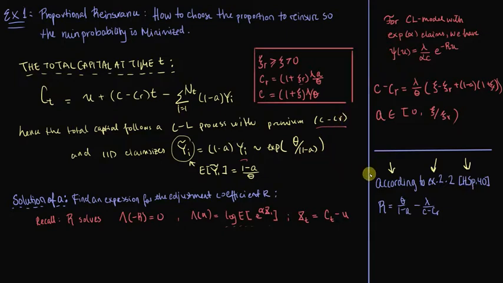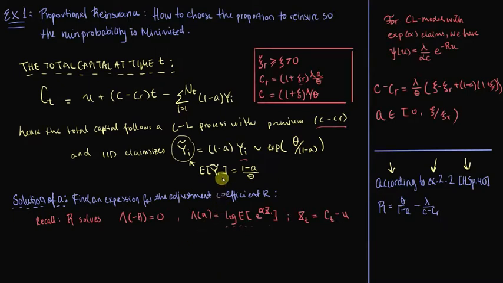So we know that the adjustment coefficient R should be given as theta divided by 1 minus a, which is just the parameter in the exponential distribution for the claim sizes, minus the claims arrival rate divided by the premium. That is a result that we know from example 2.2 in Hansch-Schmidli. However, just for the sake of law and order, let's try to calculate an expression for the adjustment coefficient ourselves.